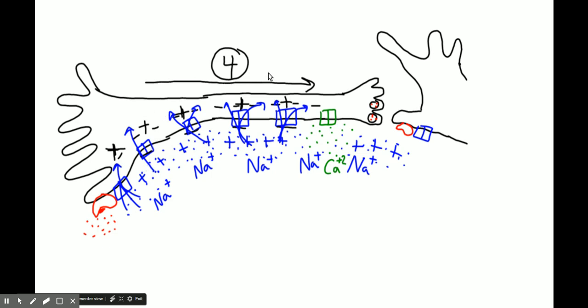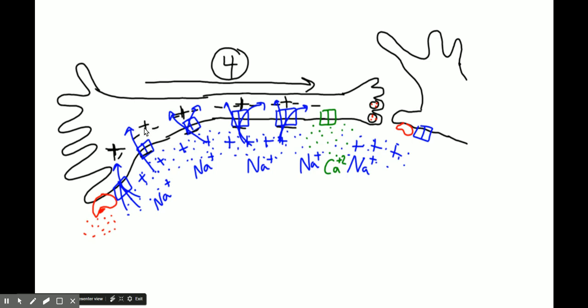We talk about step 4 as being the impulse. And for step 4 here, it's just repeating steps 2 and 3 over and over again. So this first action potential that we charge, then we open, because this opens only when the voltage next to it becomes positive. So this is voltage gated. It opens, it floods, and it charges.